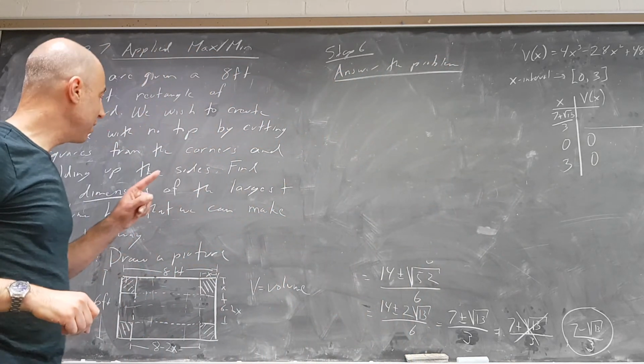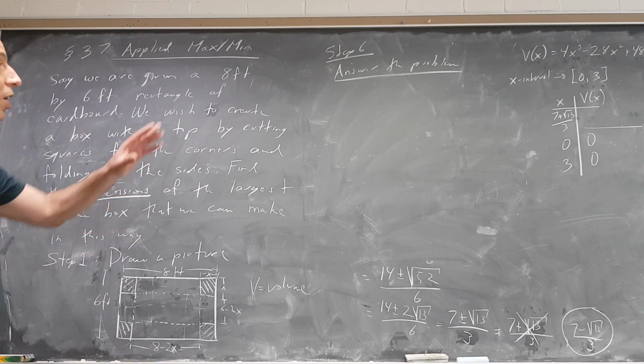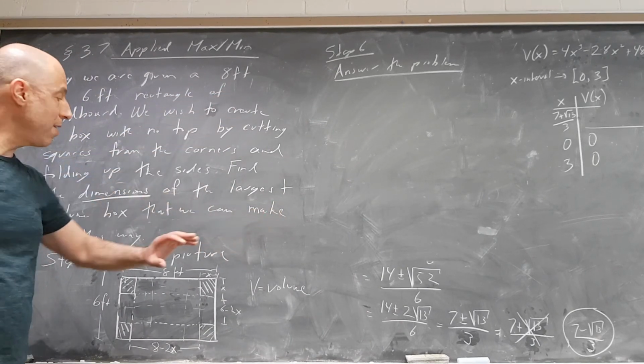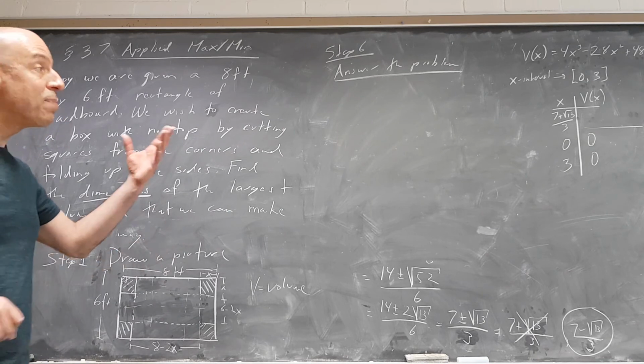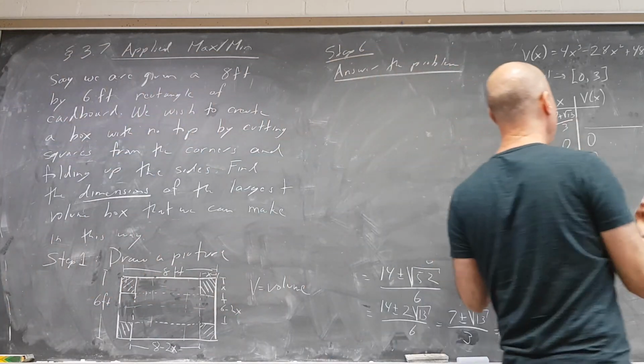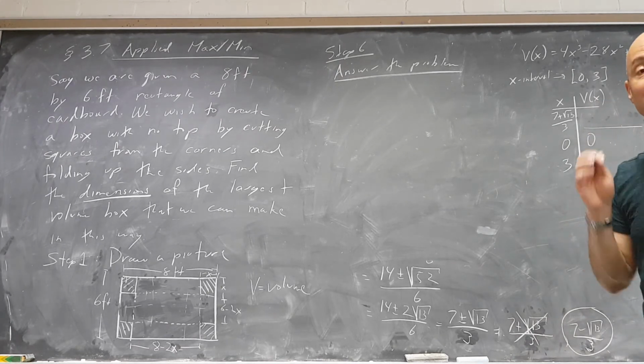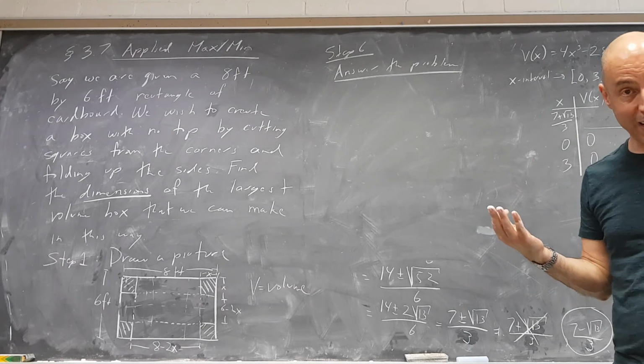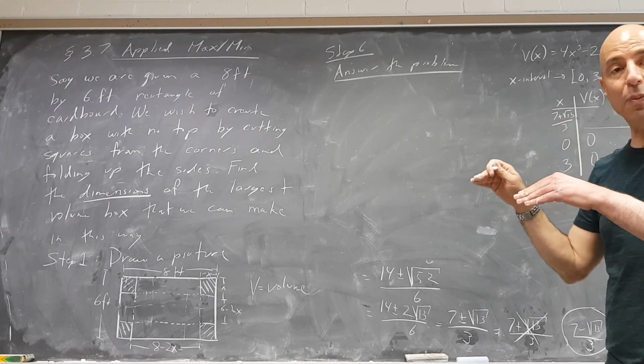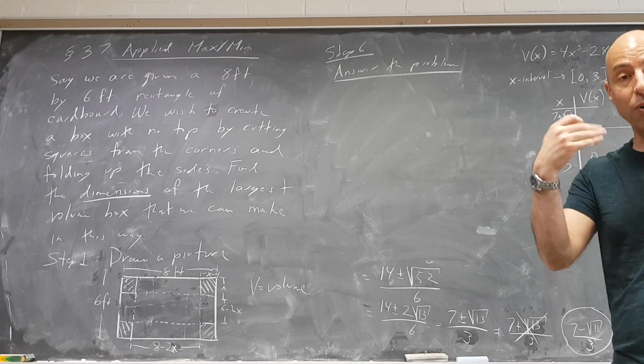I want to make a big deal of this because so often people do all the hard work and then they forget what the question actually asked. If I asked what was the volume of the largest volume box, you would just give me the number here. But I asked you for the dimensions, length, width, and height. So make sure you go back to the problem and read what it is you're supposed to answer.